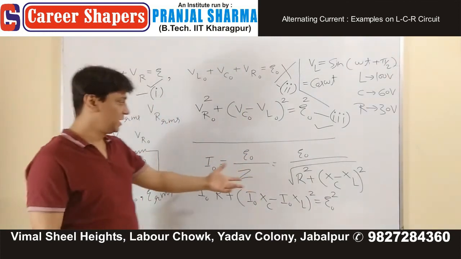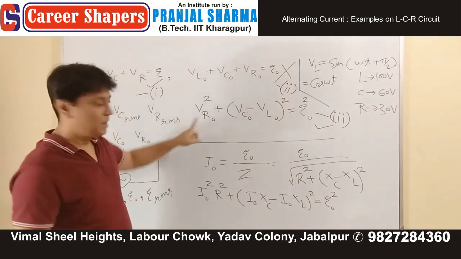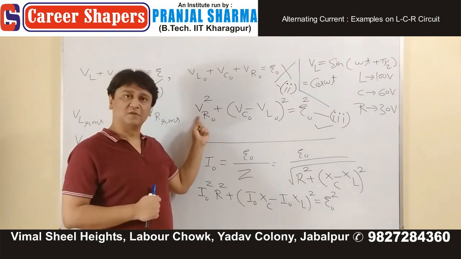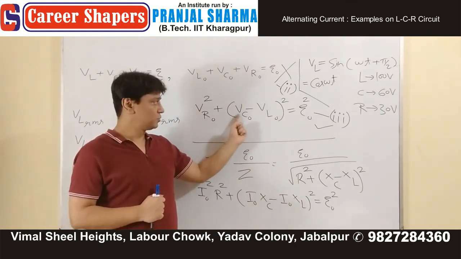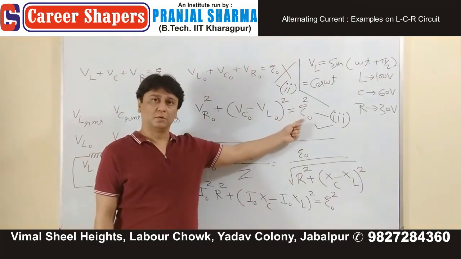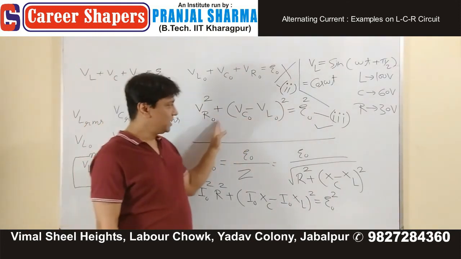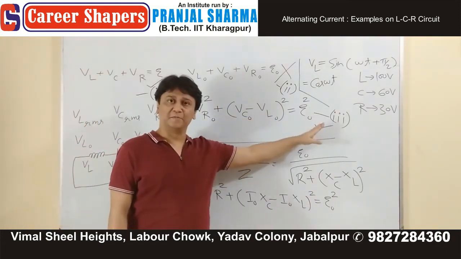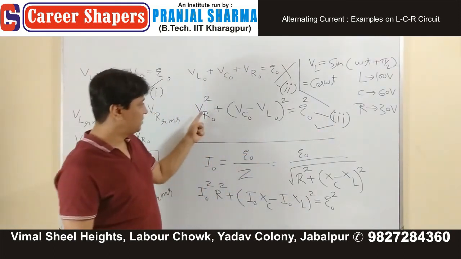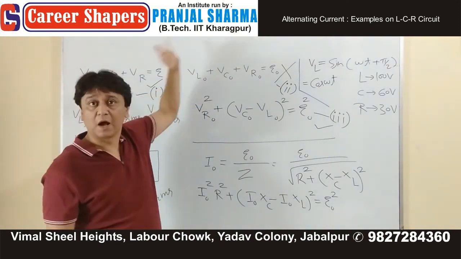And similarly, if you multiply this term with root 2, this term with root 2, this term with root 2, and this term with root 2, I'm skipping that part because it's very simple. If you multiply every term with the same number, then the relation will be the same. Once I multiply VR with root 2, it will give me the RMS value.